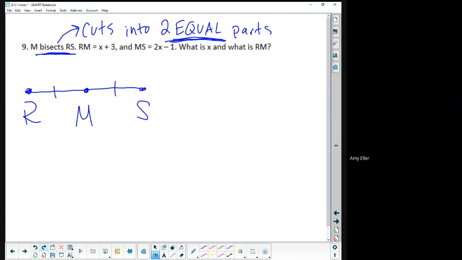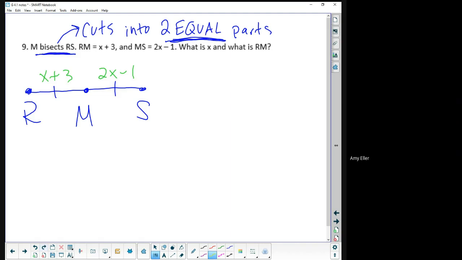I'm going to let you label it and try to finish this problem on your own. Can we set those parts equal?